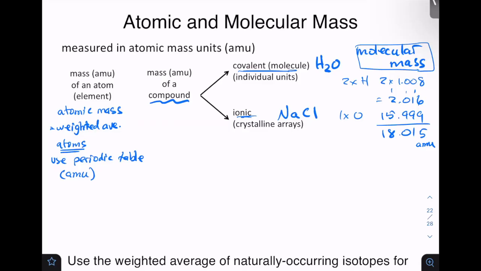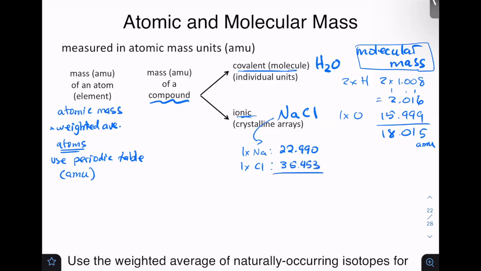If we have an ionic compound, we would do the same thing. We have 1 sodium and 1 chlorine. These happen to be ions, but we're going to just treat them as the atoms right now. 1 sodium has a mass of 22.990, and 1 chlorine has a mass of 35.453.